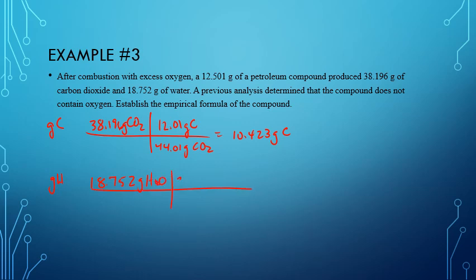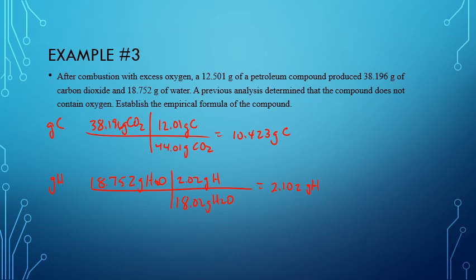And we're going to multiply by 2.02, divide by 18.02 for my grams of water, and that gives us 2.10. So there's our grams of hydrogen as well.